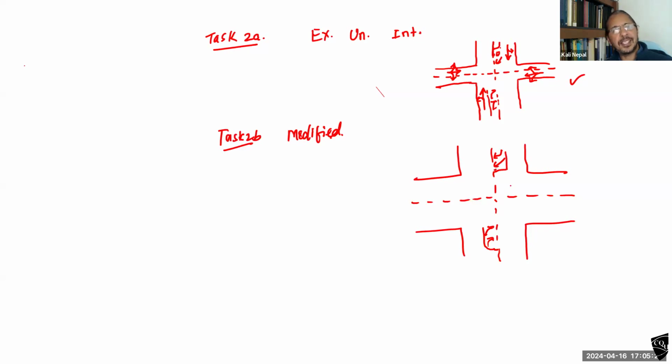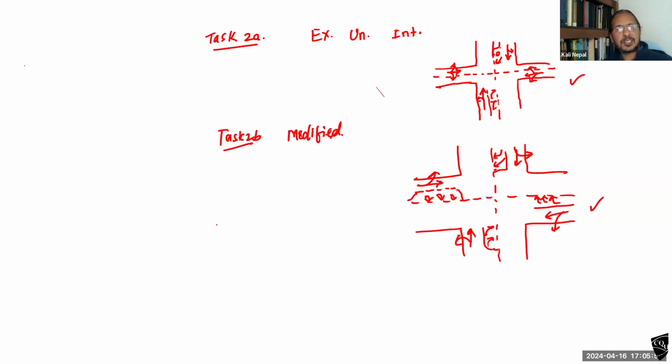We have now introduced the right turning lane from the east-west as well. What that means is that through and left traffic share the same lane everywhere else. This is the modified case.